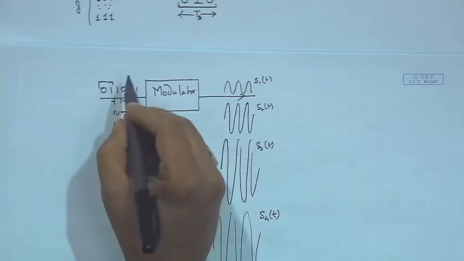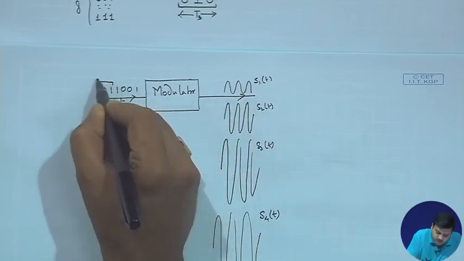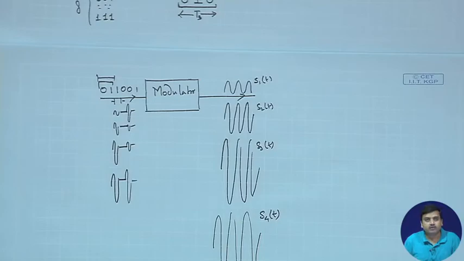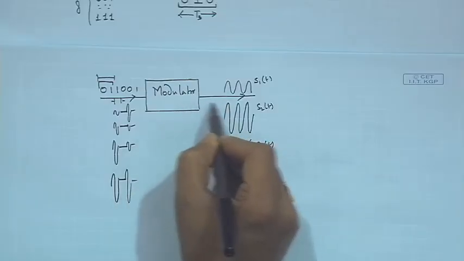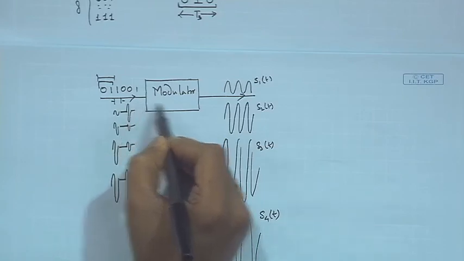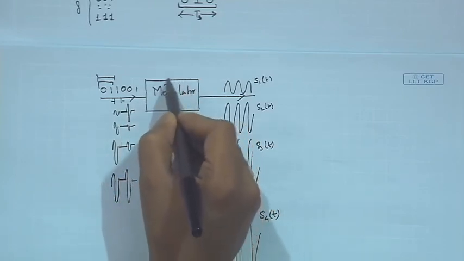Neither are we entitled to send a waveform which is longer than the duration of k bits. If you were to take a duration which is more than k multiplied by TB, then when you have a whole stream of bits coming in for a very long duration, the modulator would have to create a huge buffer, and the rate of things going out from the modulator would be slower than the rate of things coming in, and it would act like a sink.